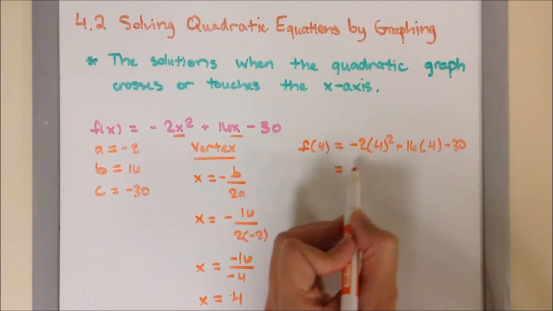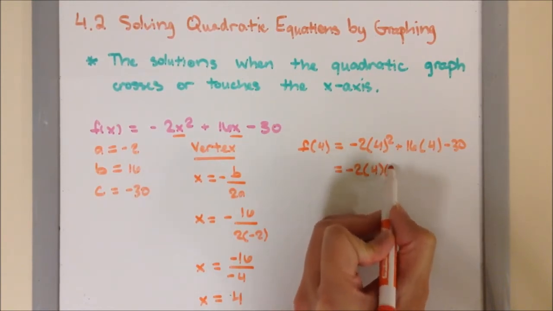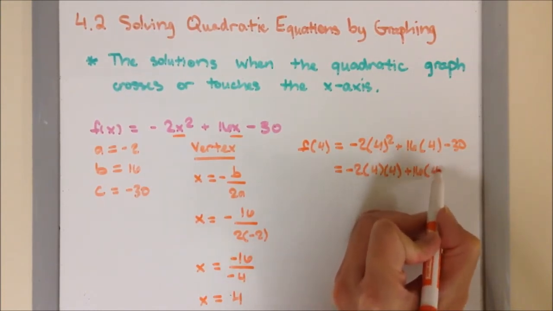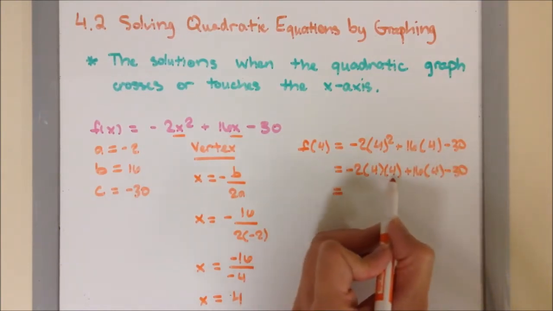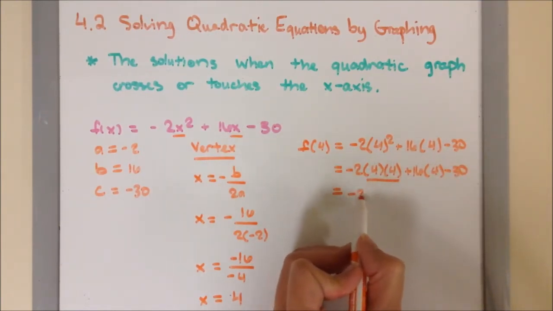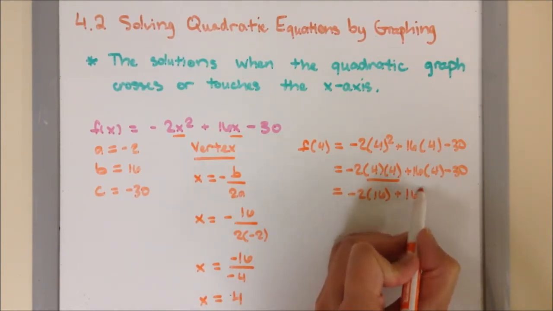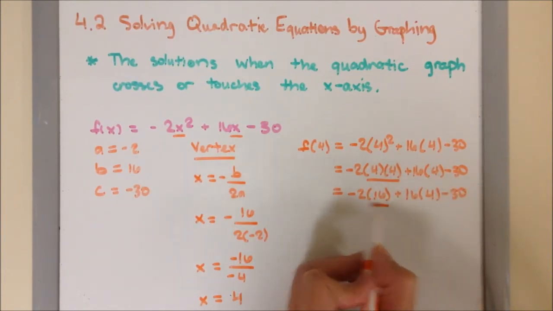So I'm going to write out the square, so negative 2 times 4 times 4 plus 16 times 4 minus 30. Now I'm going to multiply all the numbers.